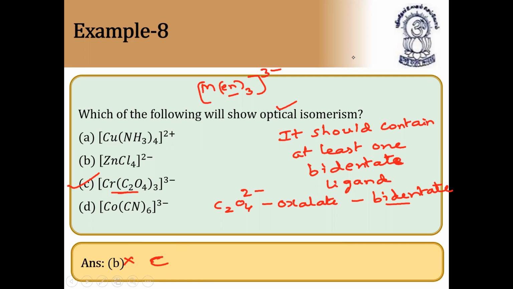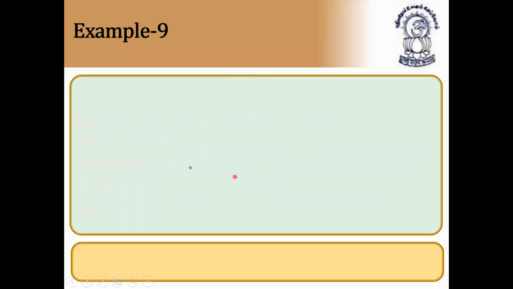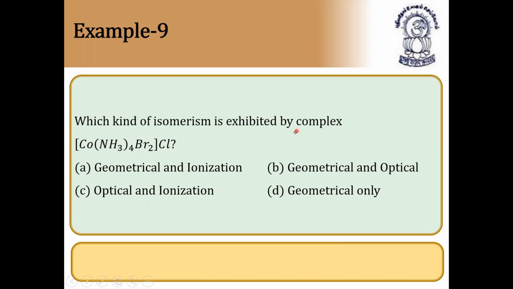Please check it out. Next question. Which kind of isomerism is exhibited by the complex Co NH3 taken 4 times Br2Cl? This is Ma4B2. So bromine can go outside and chlorine can come inside.